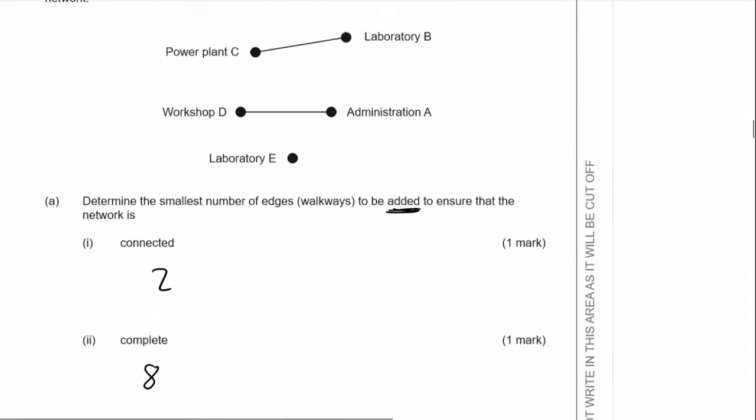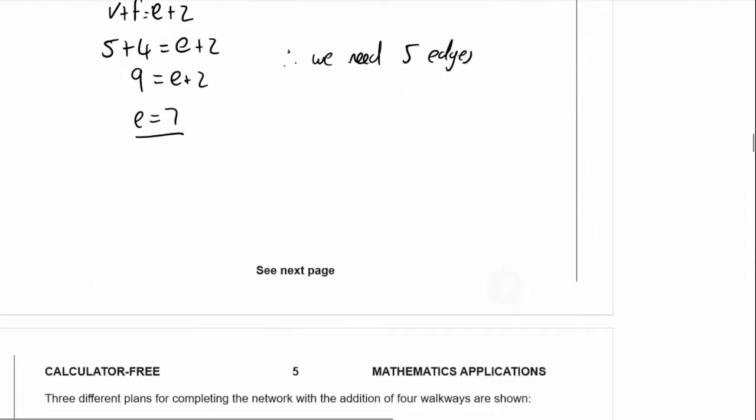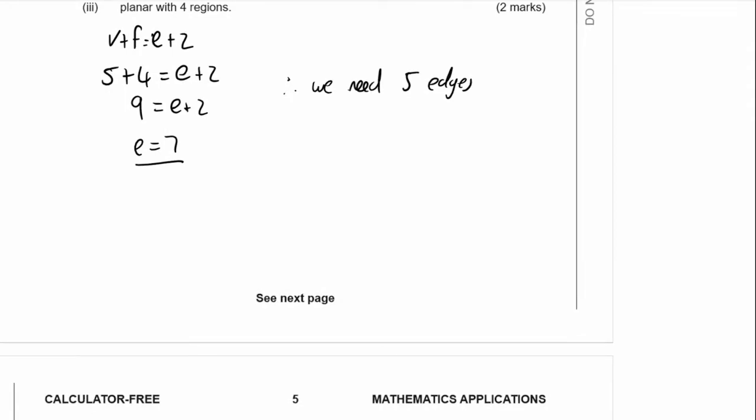The only other way that I can think of to do it is to actually draw out the network. So if we draw the 5 vertices, we know those 2 are connected, those 2 are connected. The labels at this point don't really matter. And you just need to draw that by adding in edges so that you can have 4 faces.